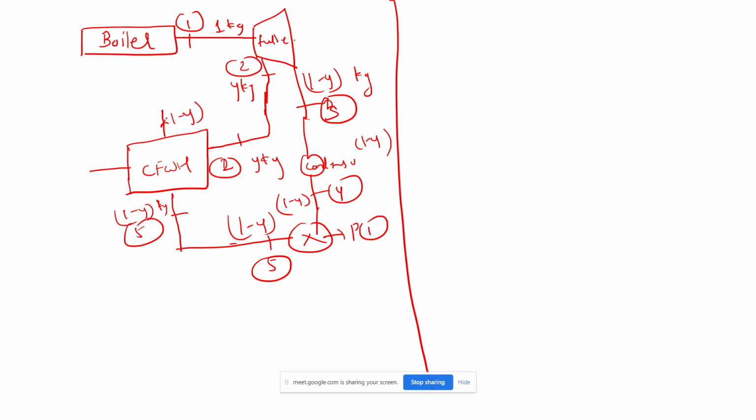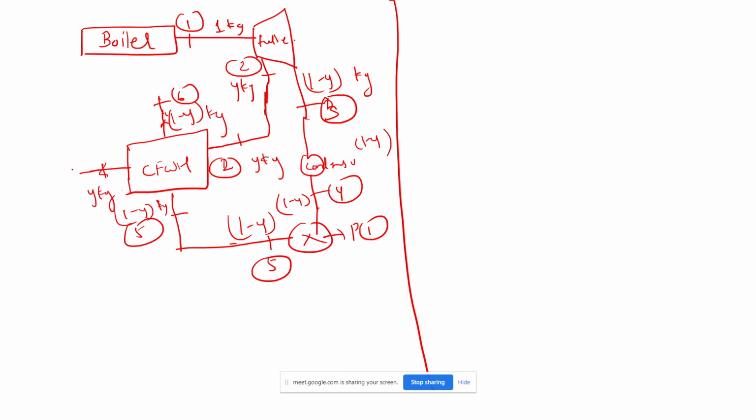Because it is not mixing now, it will remain 1 minus y kg only, but its condition will improve to 6. And here, it will be y kg only.